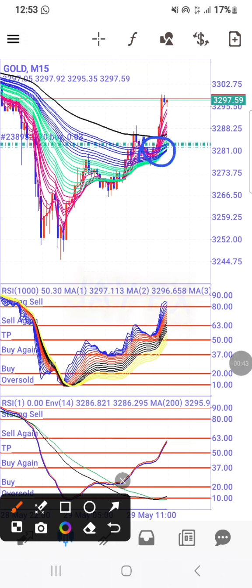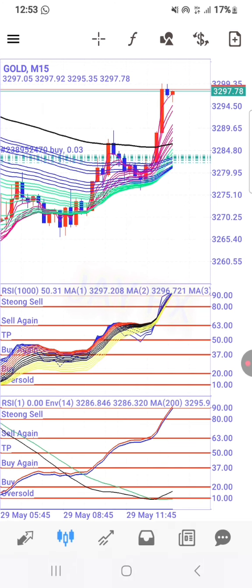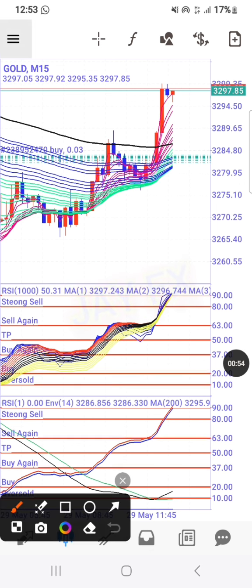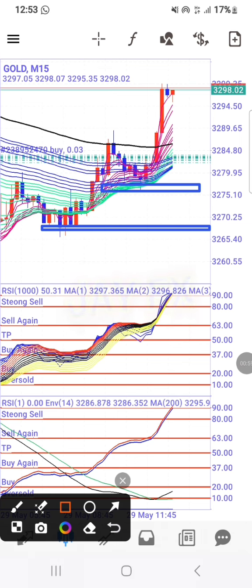I'm saying this because we have this bullish engulfing here. If you just zoom in, you will see it clearly. That's what is showing up here. First we have this support, and we have this that was pushed up, but bullish engulfing.